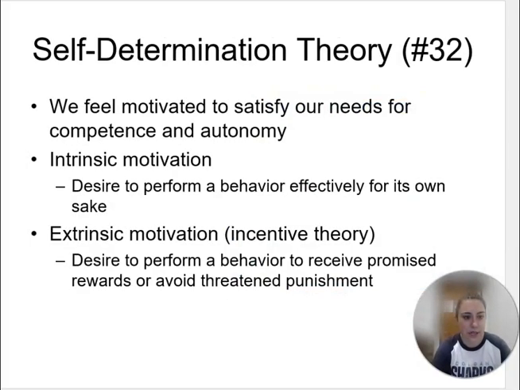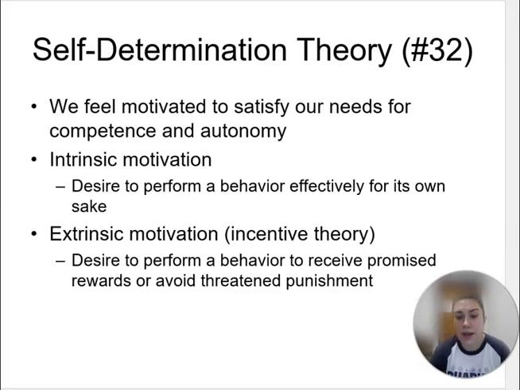All right. Self-determination theory, this is just putting a name to what I kind of talked about at the beginning of this, which is intrinsic and extrinsic motivation. So the name of that idea is the self-determination theory, that we feel motivated to satisfy our needs for competence and autonomy.